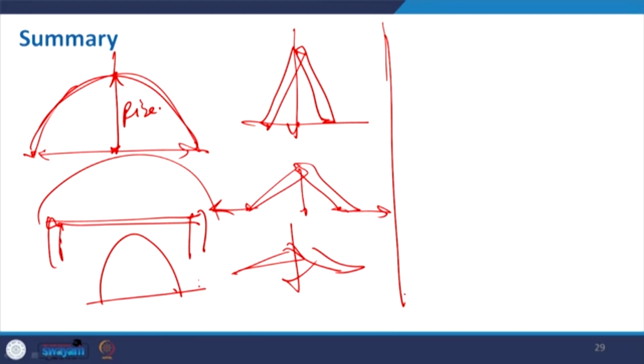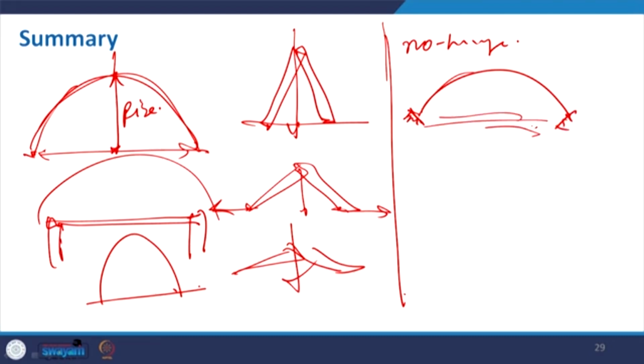Now, in the second part of the presentation, what we discussed is basically the support condition of the arch bridges. We first discussed the no hinge bridges, where this particular arch form is supported with a fixed end across the river or some locations, and in the two hinge system those are supported with a pin joint or hinge joint.